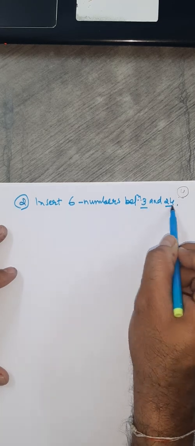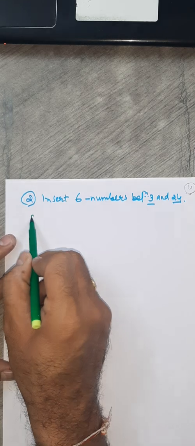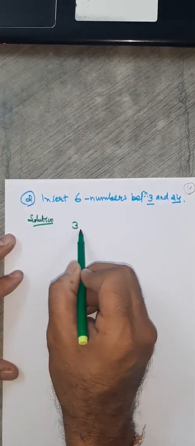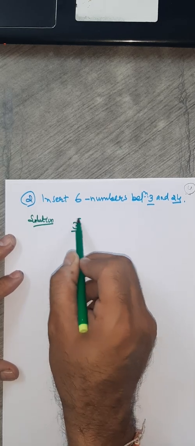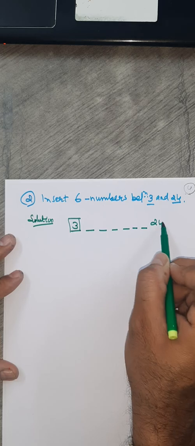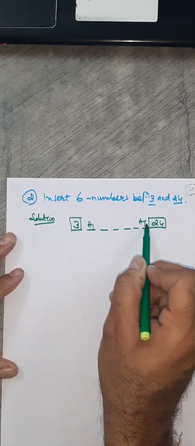So in the solution, you have 3 here, the given number, then 1, 2, 3, 4, 5, 6, and this is 24. So this is A1 up to A6.